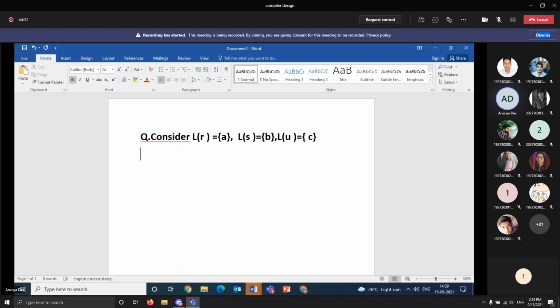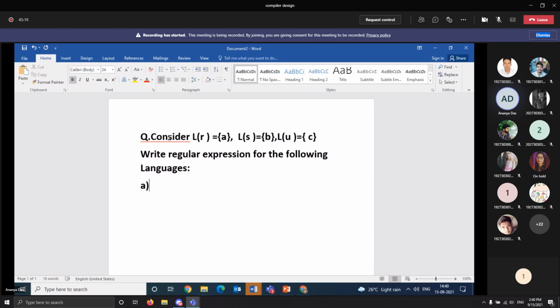Then you are being asked to write the regular expression for the following languages. Options are given.